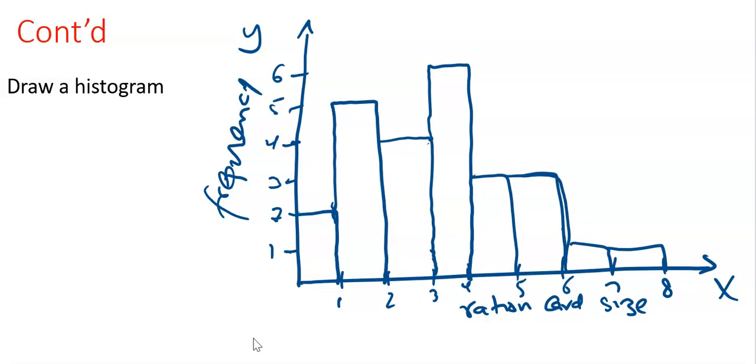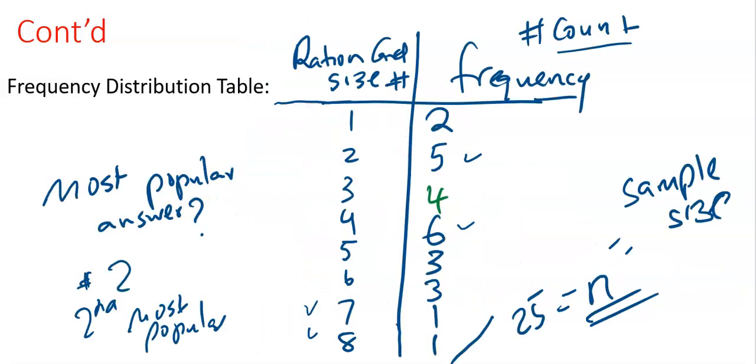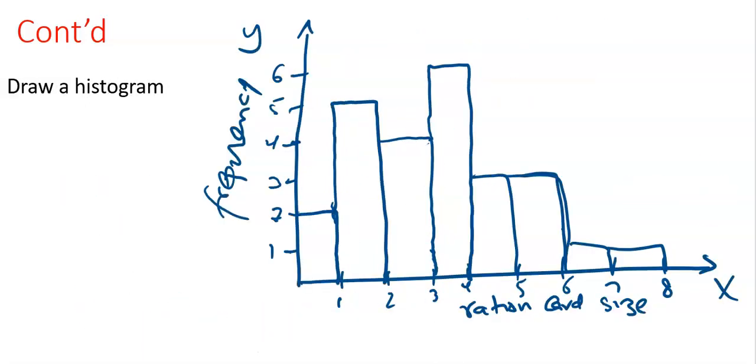In that case, when the bars are not touching, it's a bar graph and not a histogram. But for a histogram, they should always touch. Once you have a frequency distribution like this, it is very easy to draw the histogram. My histogram is not the most beautiful one, but you get the idea.